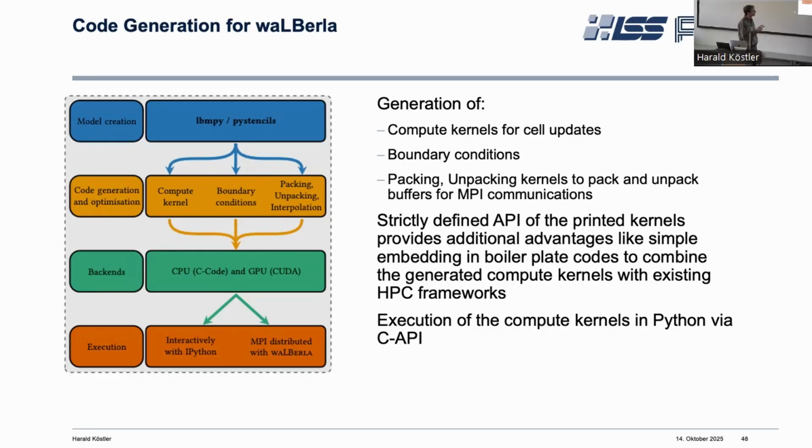We also support overlapping communication and computation, and therefore we also include the kernels for the communication in the generation. So we can generate kernels for the communication part. For overlapping, you rely on non-blocking MPI. You assume that MPI does it asynchronously. We hope so.